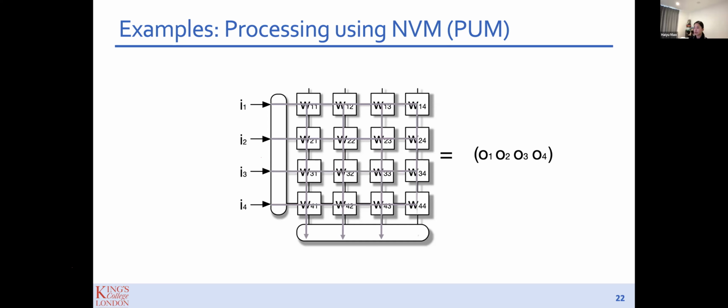Through this, you sense the current on the bit line, and the sense operation actually finishes the computation of the vector-matrix multiplication. This is much more efficient compared to reading all of this data to the CPU and then doing the computation in the digital way. And this is in the analog way, right?